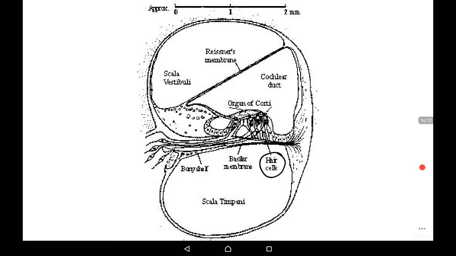And the different frequencies of oscillations do stimulate the hair cells in the different parts of the cochlea.